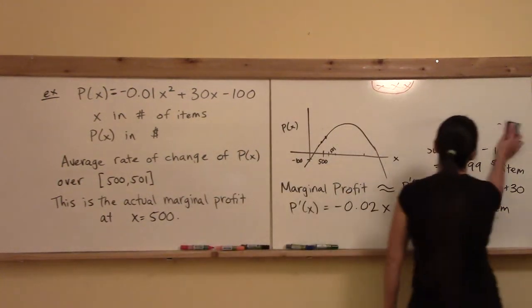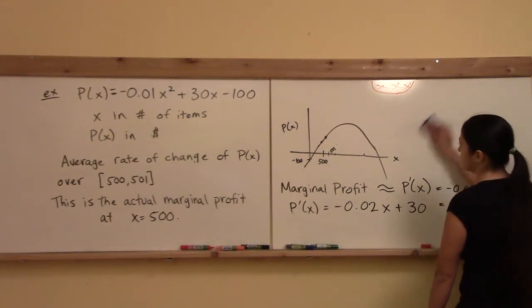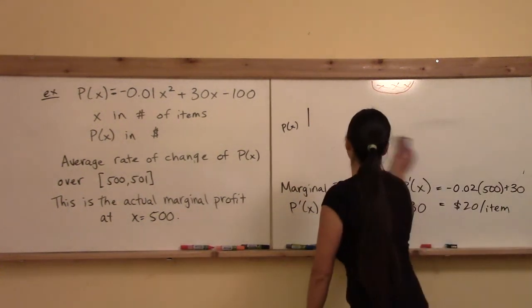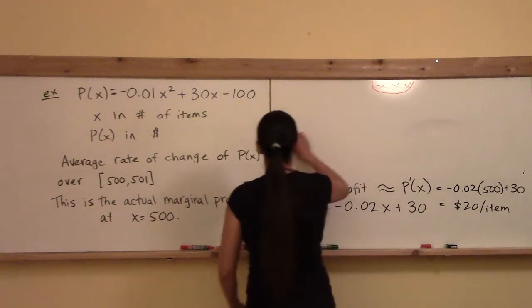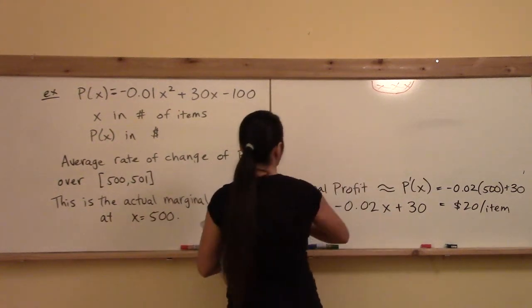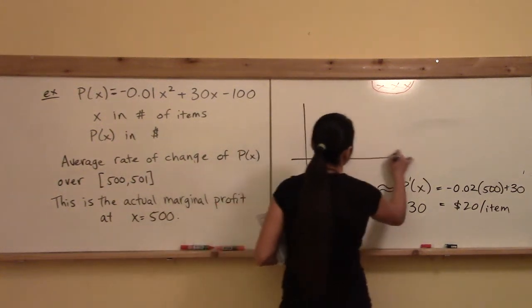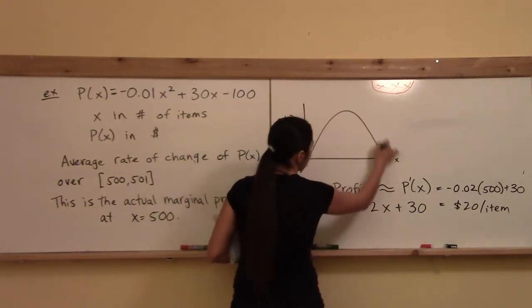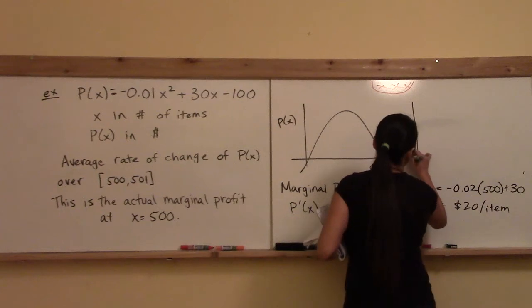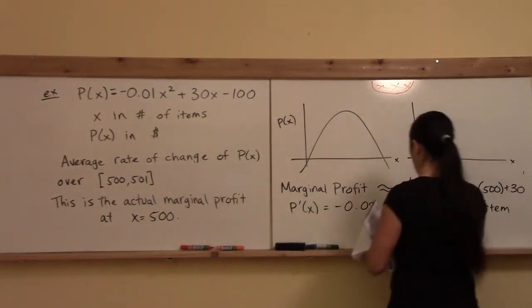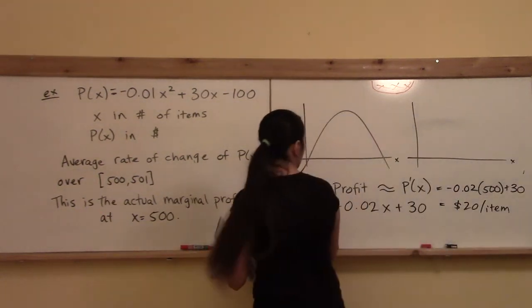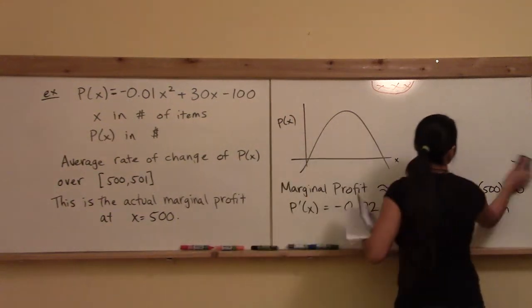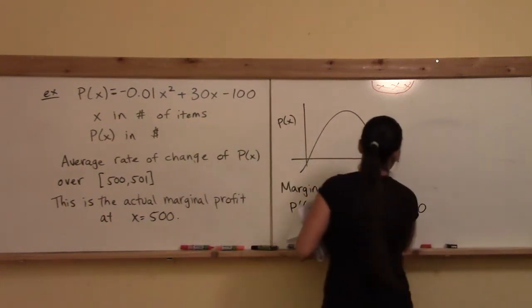Okay, so since it's so handy, because it's in equation form, let's do a little more, and let's graph the total profit and the marginal profit side by side. Okay, so here's the x again, here's the profit, and here's the profit function. And now let's graph that side by side with the same x. What I'm going to do is graph the derivative. Actually, I'm going to graph it underneath so I can line them up.